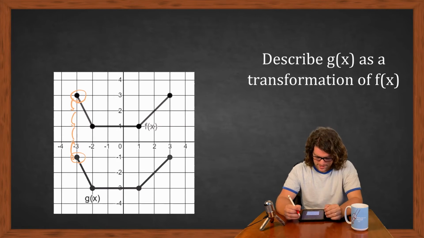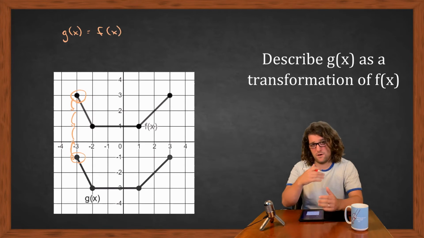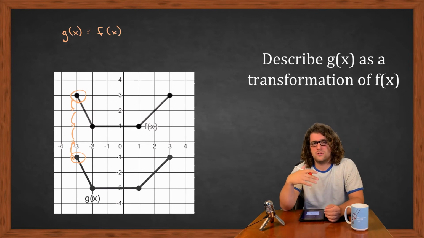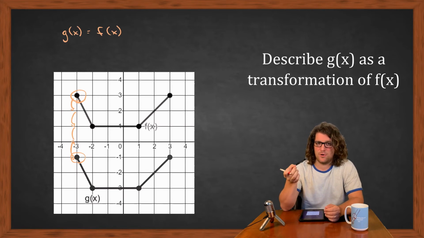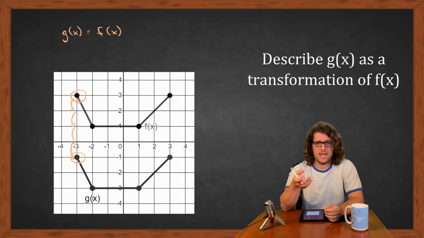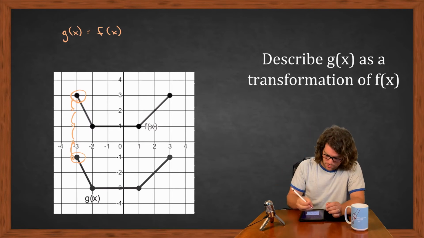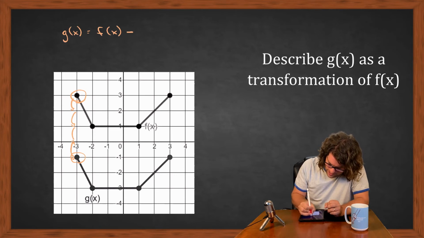So 4 units down is, for us, we'd like to describe g of x as a transformation of f of x, and if you followed along with the stuff earlier, you'll know that generally this is taken care of by the k parameter, which is at the end. And 4 down is the same thing as the k parameter being -4. So we're going to add -4 onto this, which is the same thing as just putting -4 at the end.